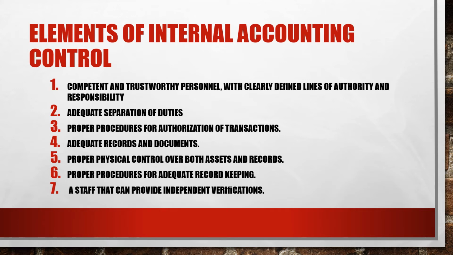So, these elements are: first, competent and trustworthy personnel with clearly defined lines of authority and responsibility. So, the organization should ensure that the people that are being hired are honest and competent.